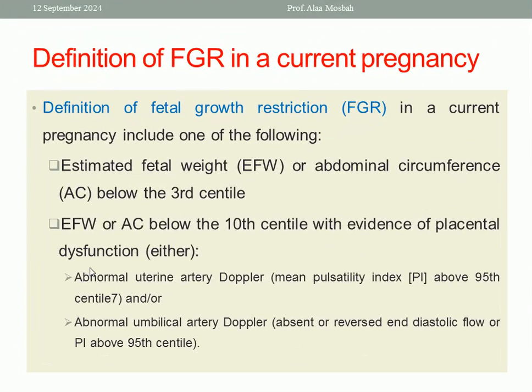What is the definition of fetal growth restriction? The definition of fetal growth restriction in the current pregnancy includes one of the following. Estimated fetal weight or abdominal circumference below the 3rd centile, or expected fetal weight or abdominal circumference below the 10th centile.